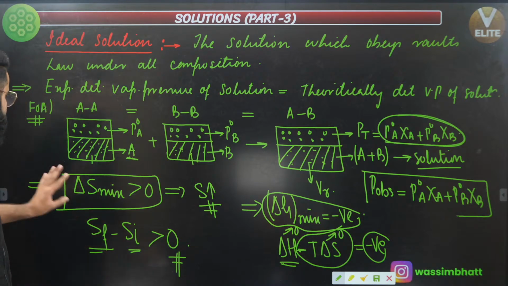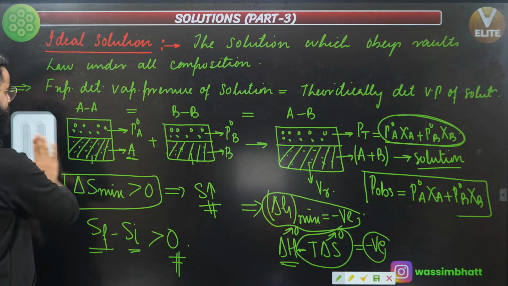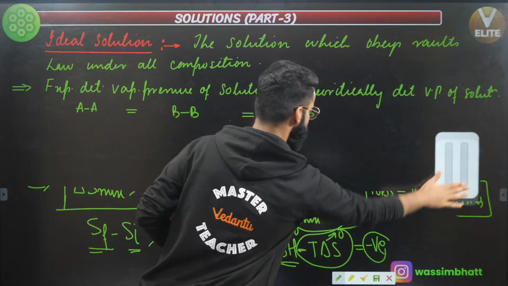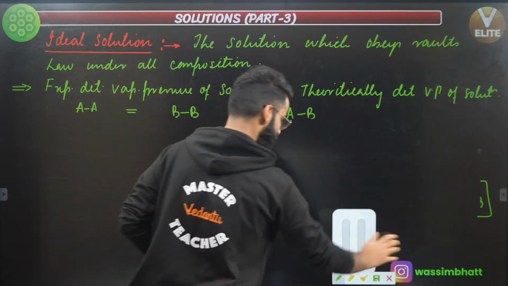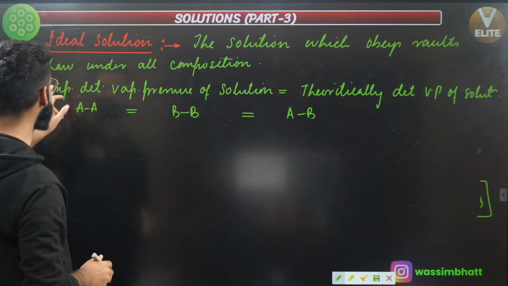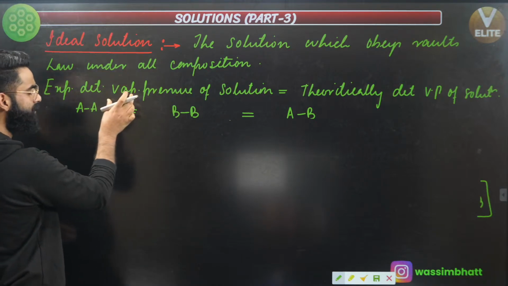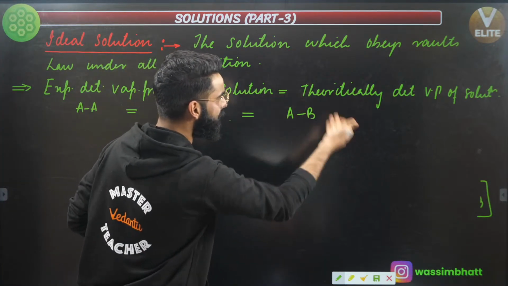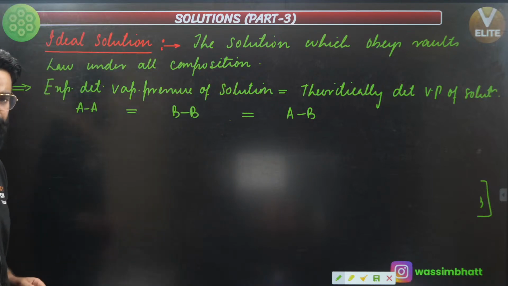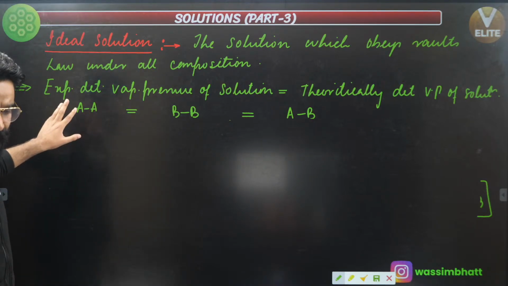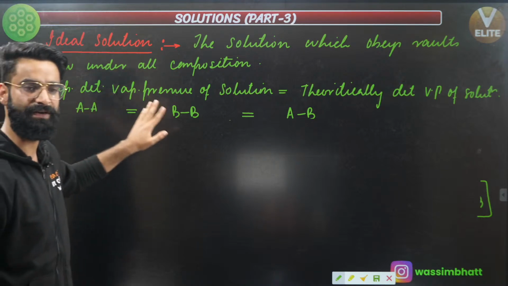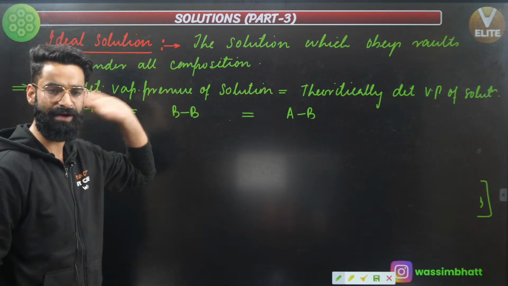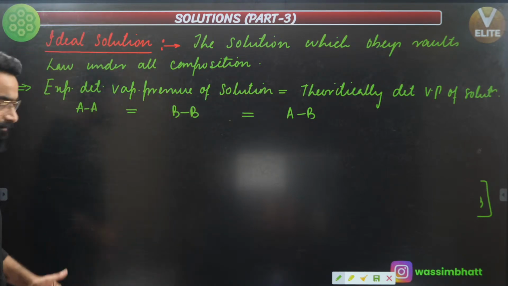Remember this as well. So let me write all these points in a nutshell over here. In case of ideal solutions, first of all, the experimentally determined vapor pressure of the solution comes out to be equal to the theoretically determined vapor pressure of the solution. The interaction in liquid A is the same as the interaction in liquid B, which is the same as the interaction in AB, okay?